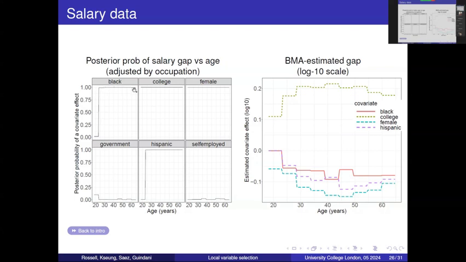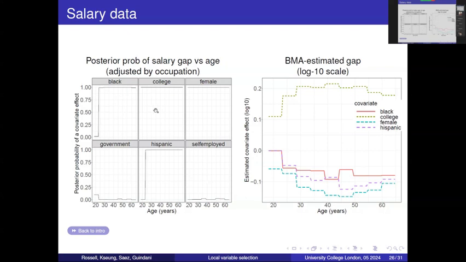So there's a negative salary gap for being black, or for being a woman. There's a surplus, a positive gap of association with going to college, for example. But for people who just entered the job market, this difference is not that big.